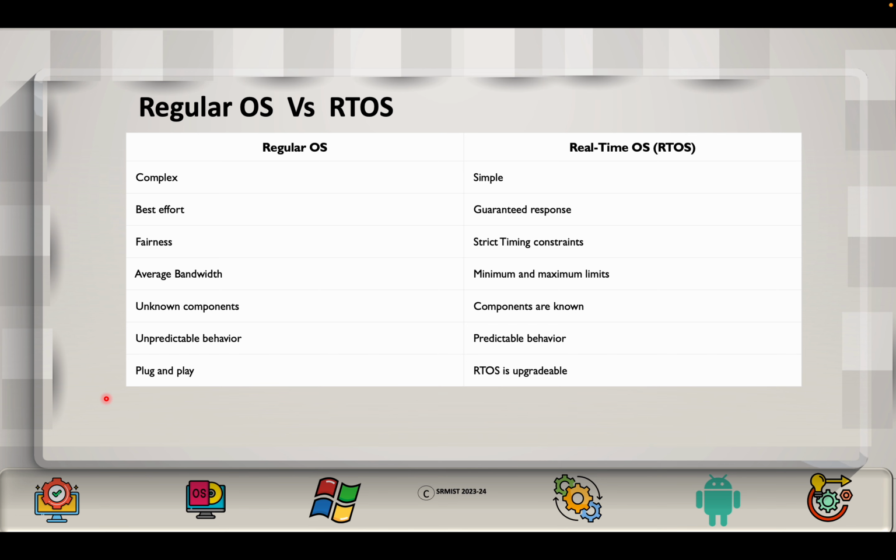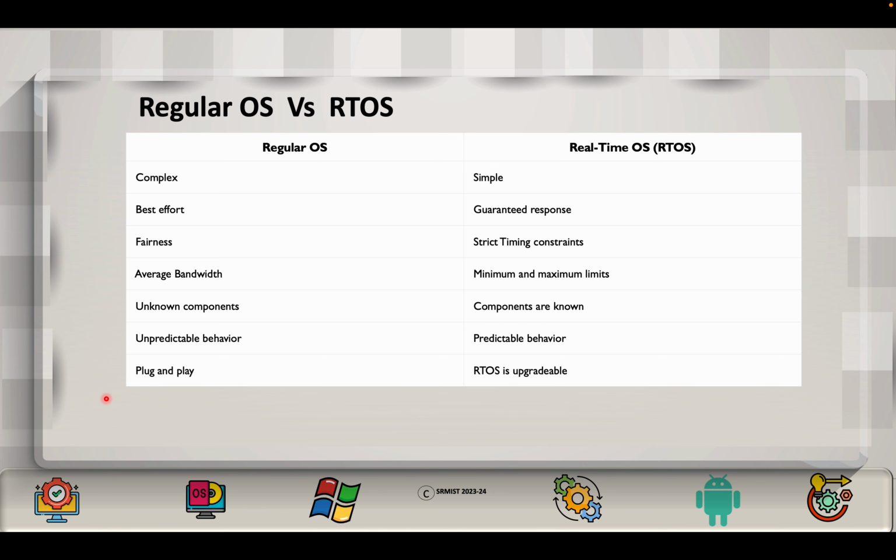Now we compare the regular OS with the RTOS. Regular OS is complex, whereas RTOS is simple. Regular OS is best effort, RTOS gives guaranteed response. Fairness in regular OS, whereas RTOS has strict time constraints. Regular OS has average bandwidth, RTOS has minimum and maximum limits.